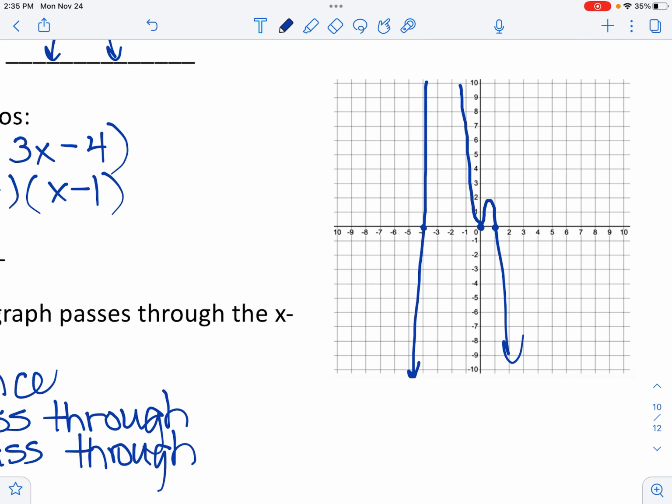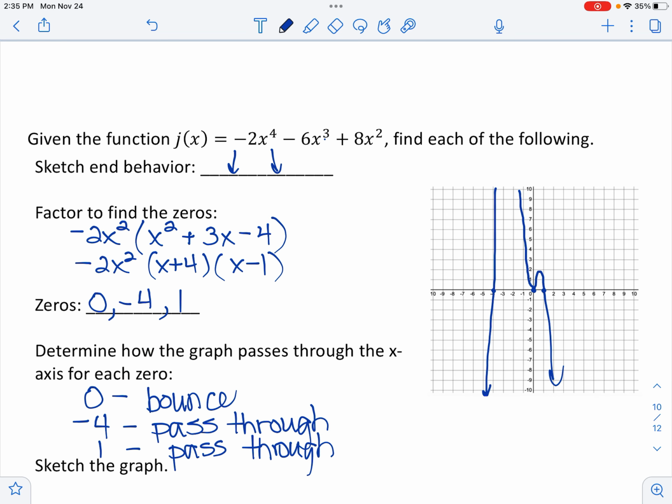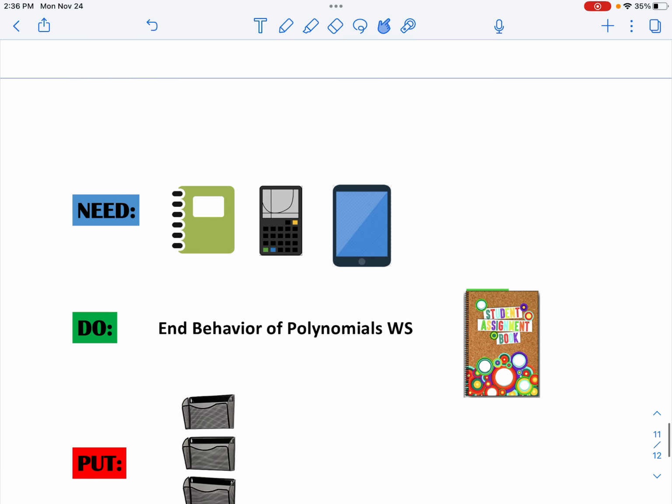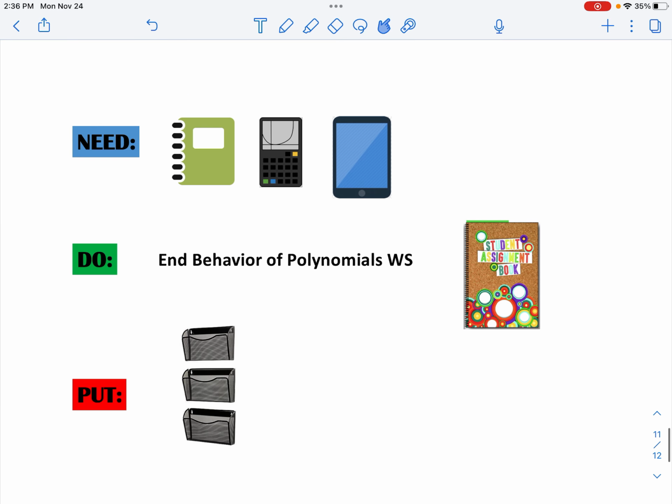But you'll notice our end behavior is the same here, right? So that does match there. And just do what you can on the sketches. Again, make sure the zeros match and try to sketch it as best you can, but you don't need to look up a bunch of points. Just make sure your zeros are in the right spot, and it generally looks the same. Okay, I hope that makes some sense. That is it. Good luck on the assignment.